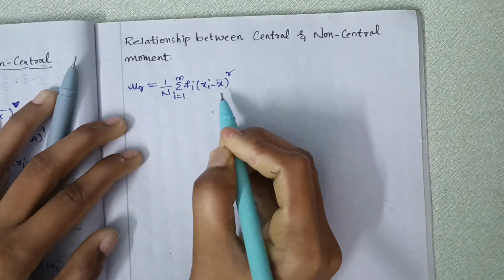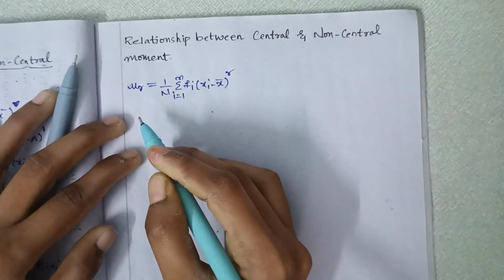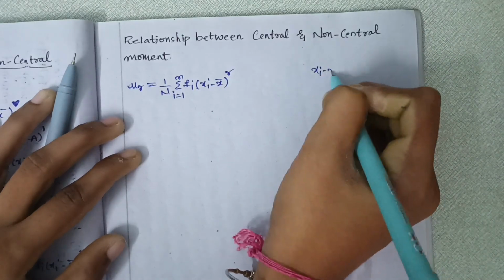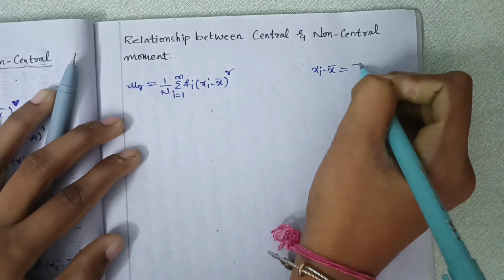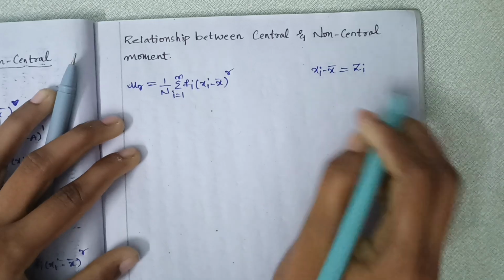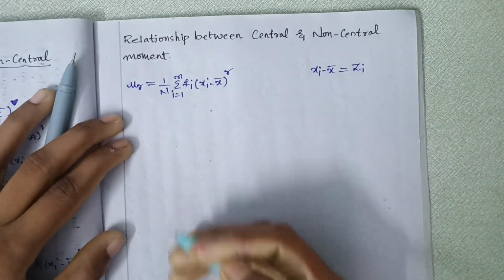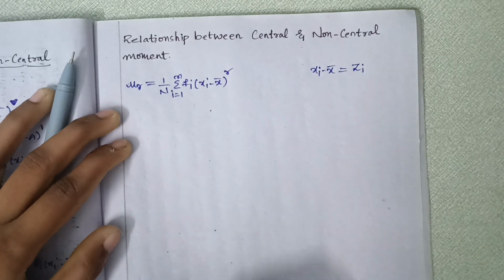The moment taken about the mean is called the central moment. And here xi minus x bar is equal to zi. Remember these formulas, so it is needed for further calculations.